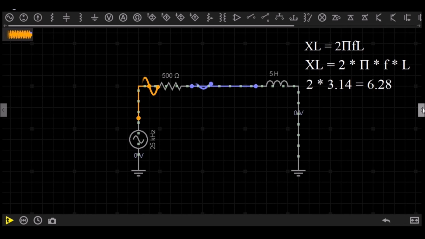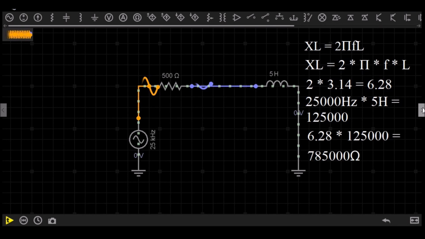Pi equal to 3.14, so 3.14 multiplied by 2 equals 6.28. 25,000 Hertz multiplied by 5 Henries equals 125,000. 6.28 multiplied by 125,000 equals 785,000. So the inductor reactance is equal to 785 kilo ohms. As the frequency increases on the RL circuit, the reactance of the inductor increases.